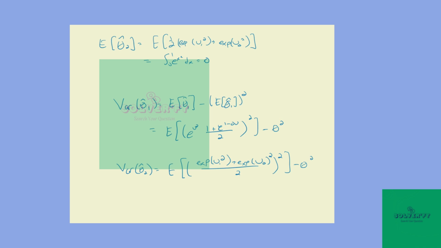So by calculating the variance rigorously, we could show that the variance for the first estimator is less than the variance of the second estimator, indicating that generating a single random number u and using the estimator e to the u squared times (1 plus e to the 1 minus 2u) over 2 is better.